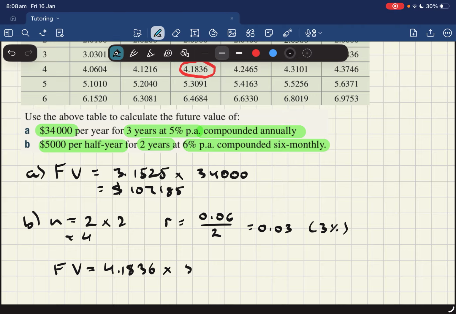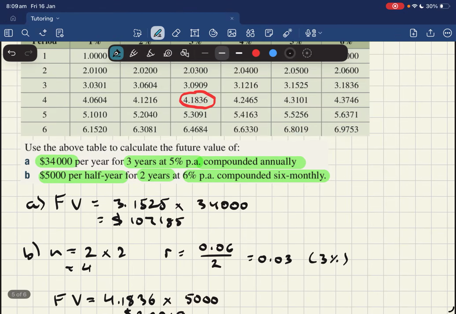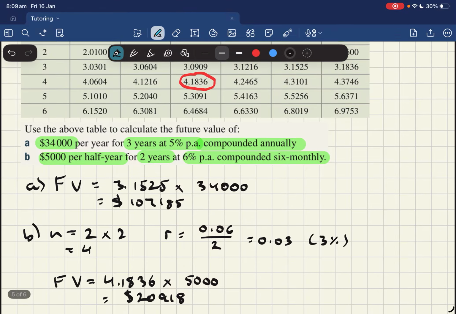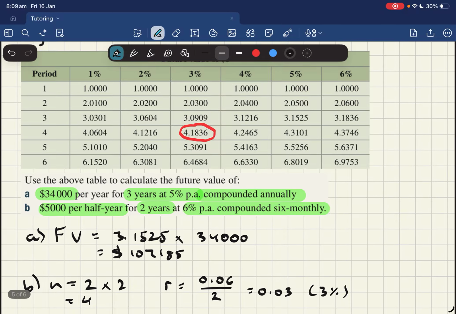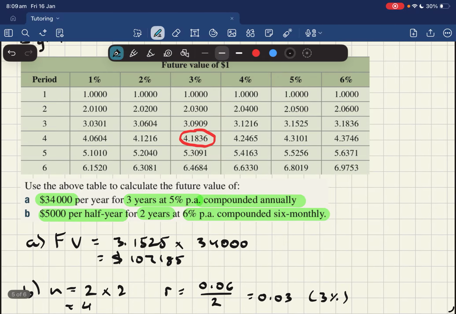That's the amount we are investing. So that gives us a future value of 20,918. So this is like an easier, hopefully to understand, initial example of using this table of future values. We are finding the intersection point. To find the future value, we multiply that by our payment.